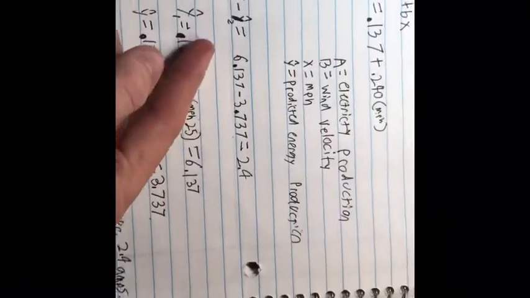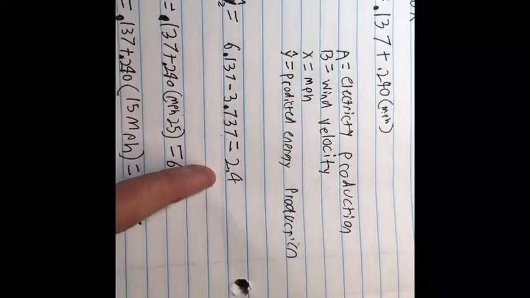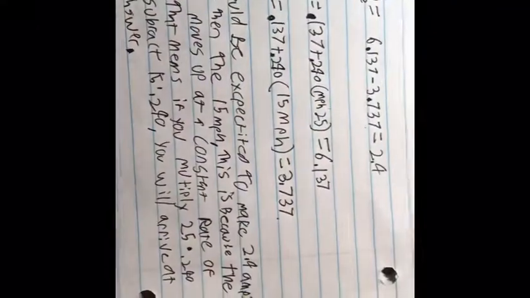It doesn't exactly specify. And then the next one is the same equation but replaced with 15 miles per hour. And then I took those two and I subtracted one from the other, the higher from the lower, and 2.4 is the difference of electricity produced. And yeah, that's about it.